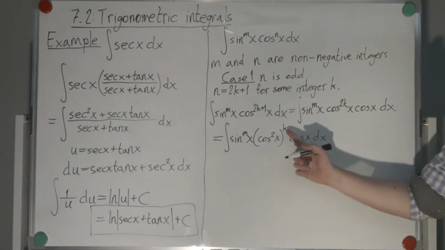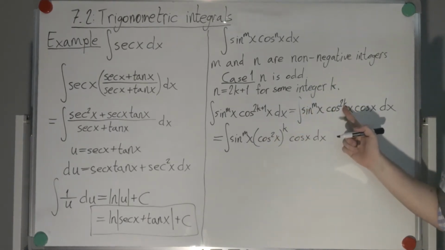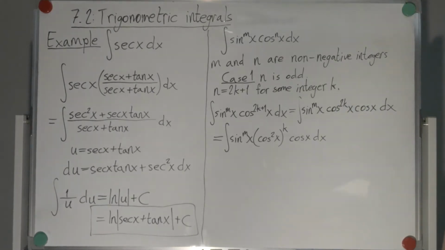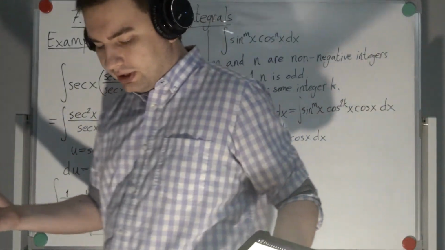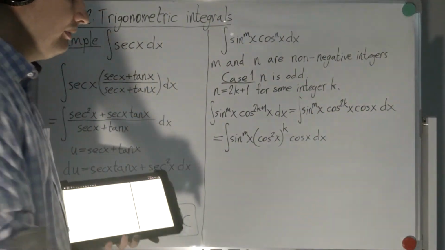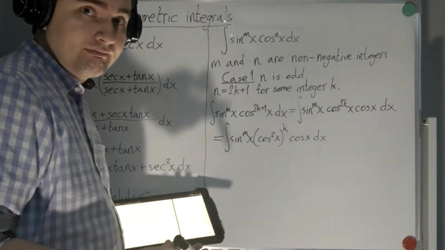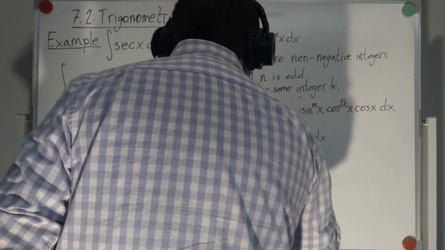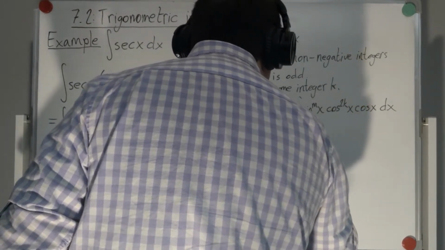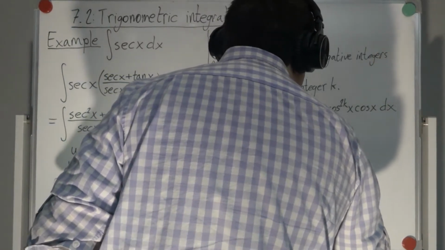Because if we have these exponents sequentially with parentheses, then that's the same as multiplying the exponents. Now then, if cosine squared plus sine squared equals 1, then cosine squared x is the same as 1 minus sine squared x. In that case, what we are looking at here can be written as the integral of sine to the m of x times 1 minus sine squared x to the k times cosine x dx.